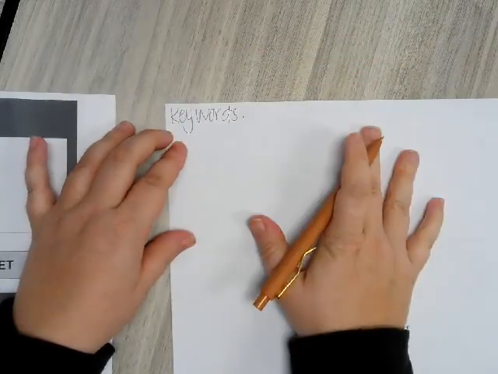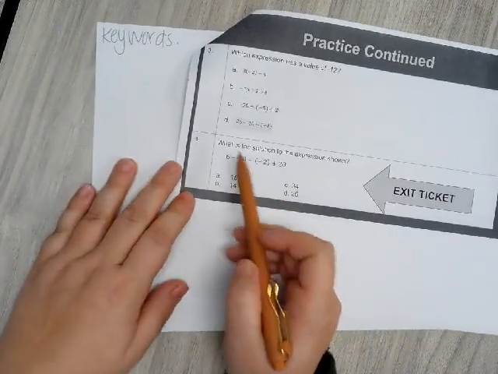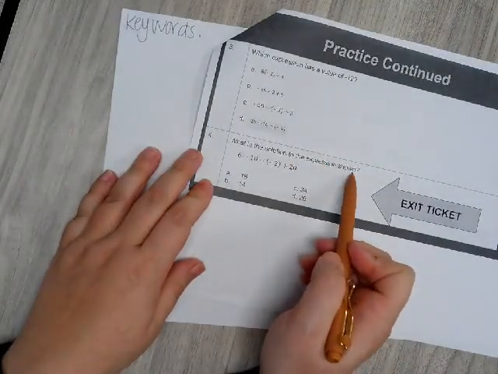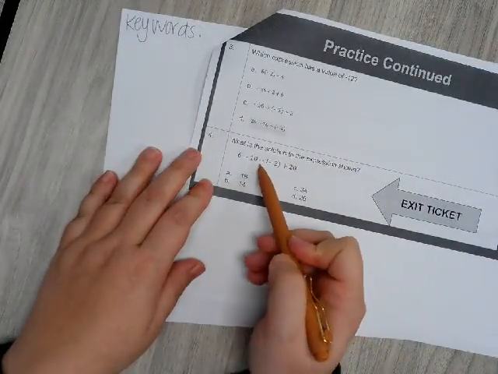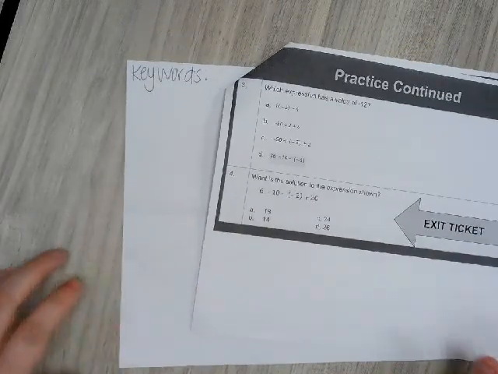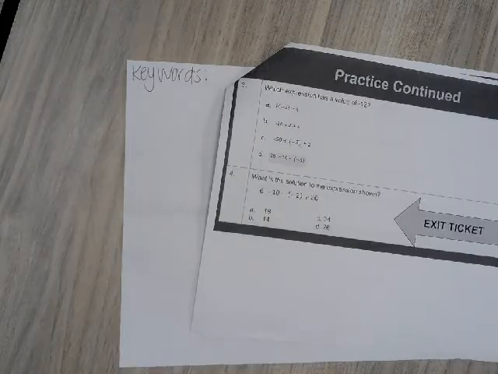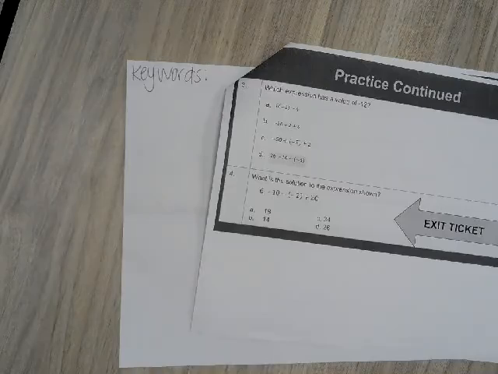So it says, this is my exit ticket, you guys. What is the solution to the expression shown? 6 minus 10 minus negative 2 plus 20. So you are solving this problem, and then we're going to check. If your name isn't already on your paper, you need to make sure your name is on your paper and your math teacher's name is on your paper, because you will be turning this into your math teacher.